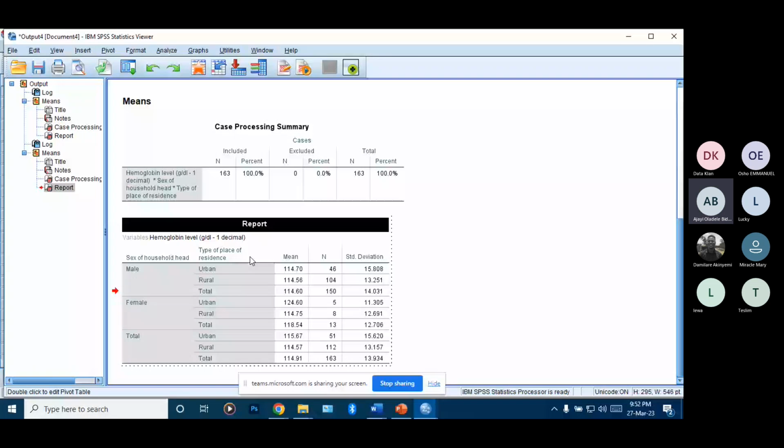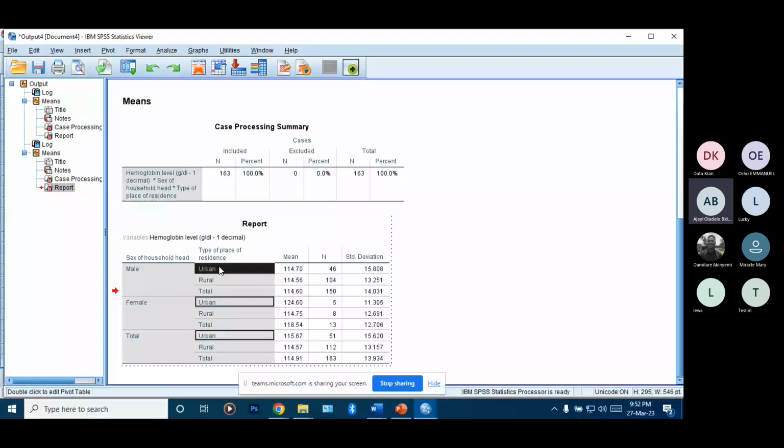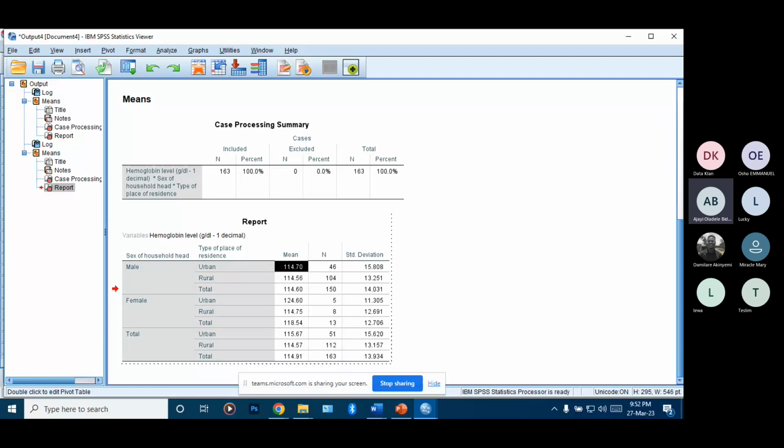What this implies is that for male respondents that reside in urban areas, the mean hemoglobin level is this value. I hope we are seeing my screen. I don't want to mention the value because I'm trying to speed up. For male respondents that reside in rural areas, their mean hemoglobin level is this value highlighted in black.